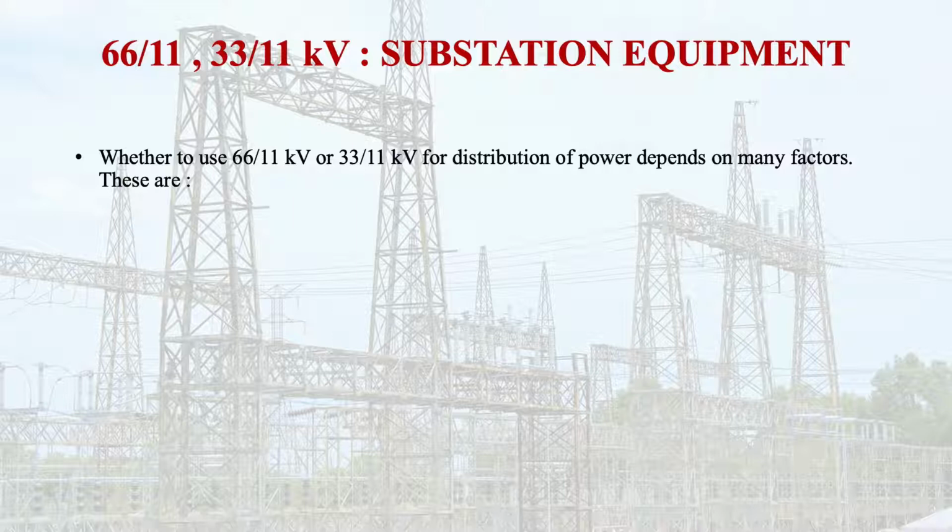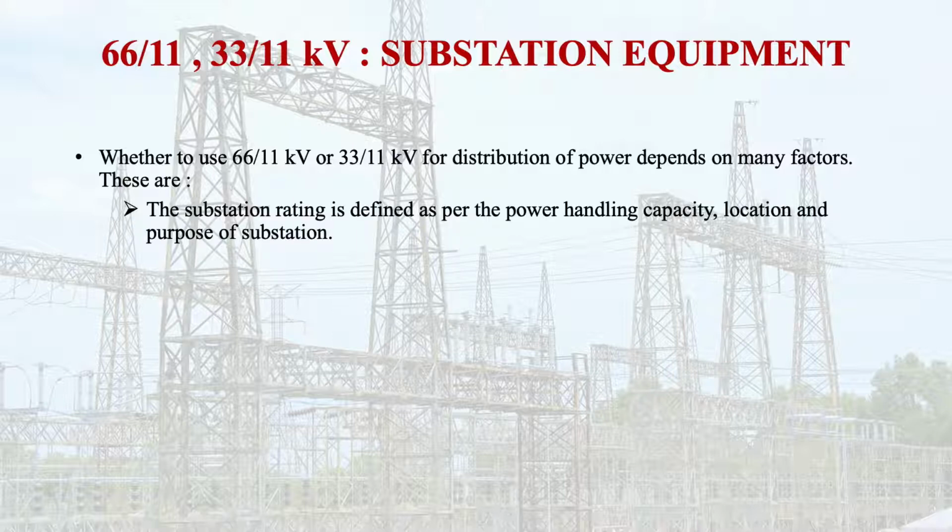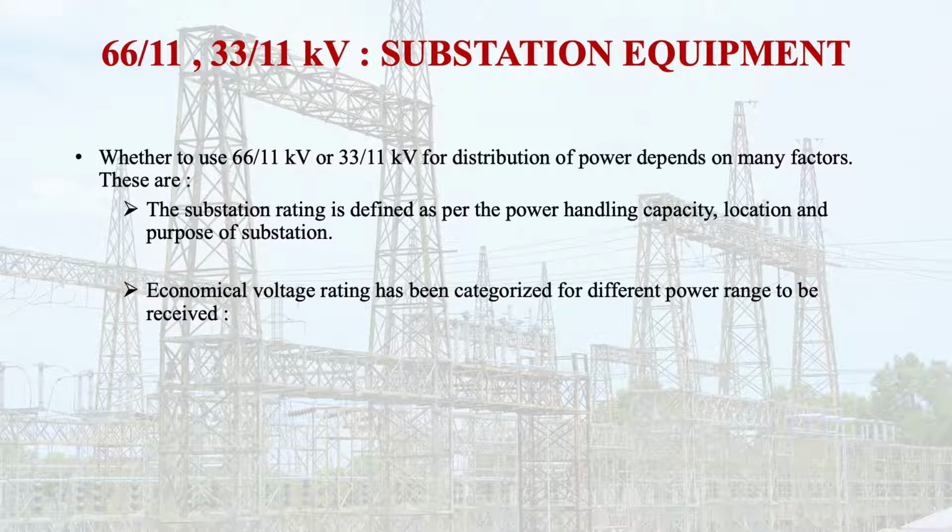The substation rating is defined as per the power handling capacity, location and the purpose of the substation. So the substation rating is decided by its power handling capacity, and it is decided by the voltage level. So economic voltage rating has been categorized for different power ranges to be received.